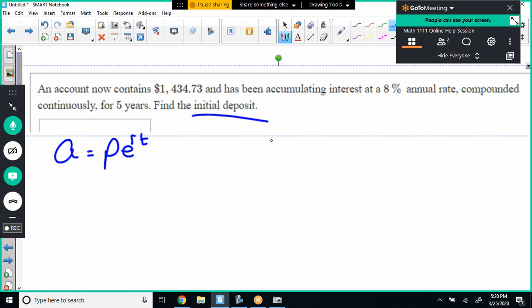E is an exponential function, right? E is a special exponential function. It's 2.71828 dot dot dot. It's kind of like pi. It goes on forever, right?